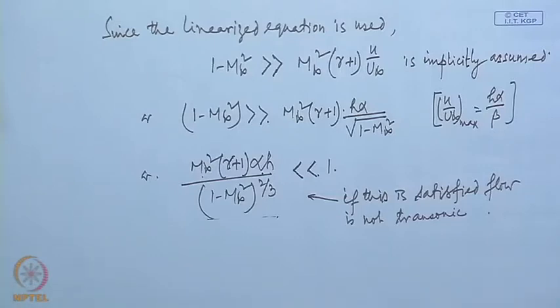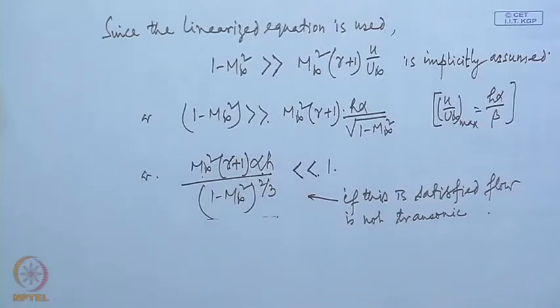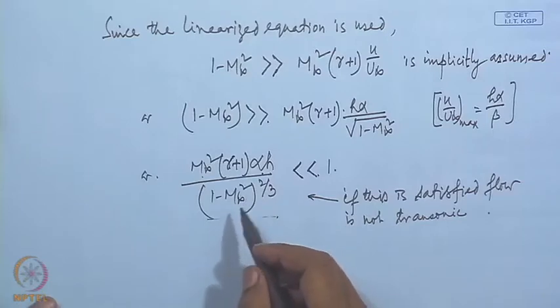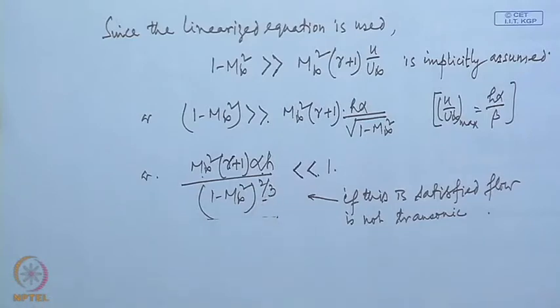That means, flow at the same Mach number over the same geometry may be transonic if the gas is a particular gas, but may not be transonic if it is another gas, depending on the value of gamma. Another important thing is that it contains the parameter to the power 2 by 3, and this is the condition for occurrence of local sonic velocity.